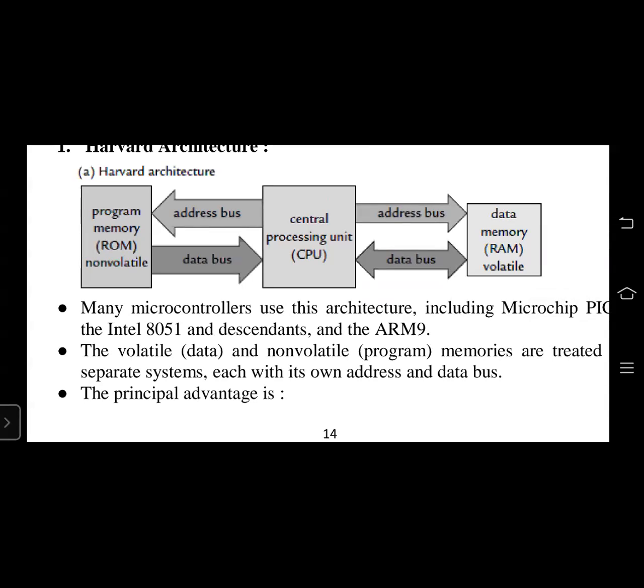So what kind of data can you store in the volatile memory? You can store only the temporary computations. Clear? You cannot store any specific program or important things in the RAM. Like the operating system is software, so that you cannot store in the RAM, clear?